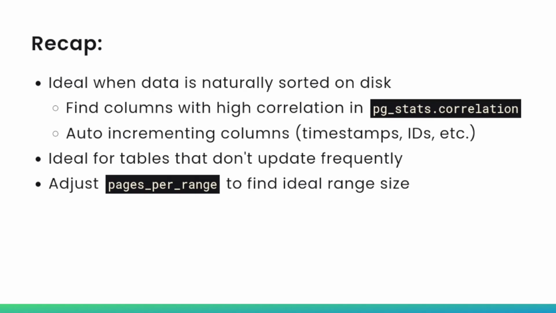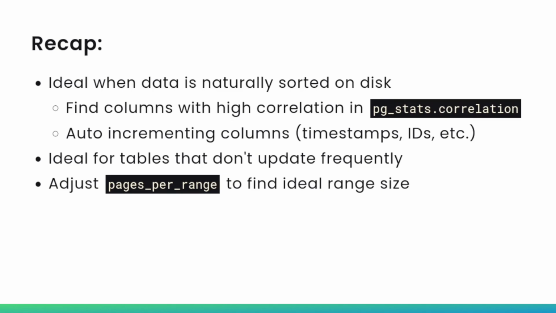So on the disk, as you scan the table, the value would be slowly increasing. You can find these columns using the pg_stats view in your information schema. There's a column called correlation, and you can use that to identify columns with high correlation, which can be good candidates for a BRIN index.